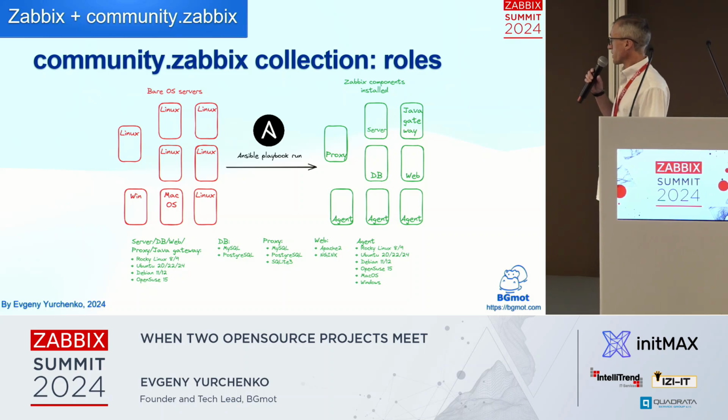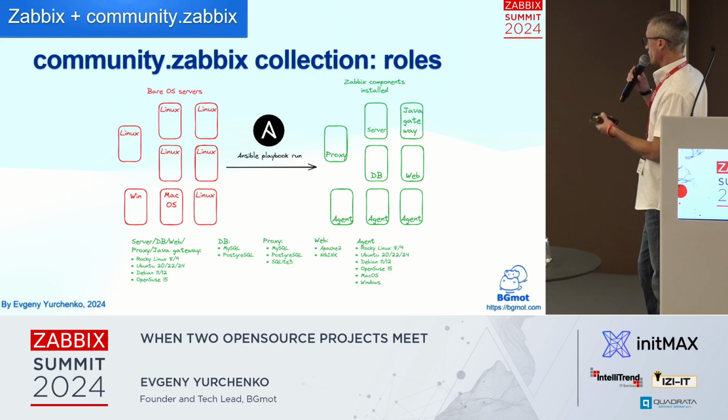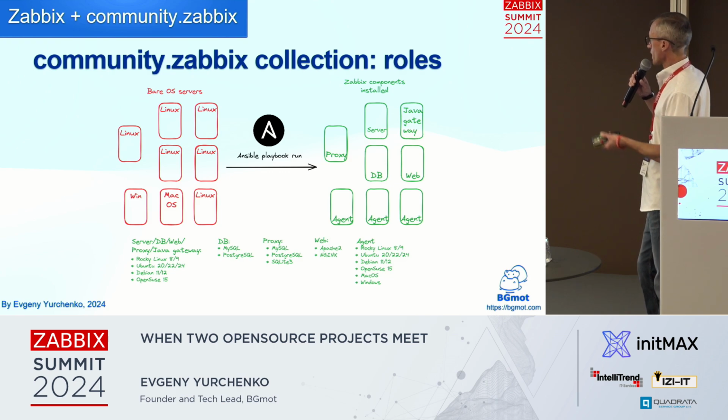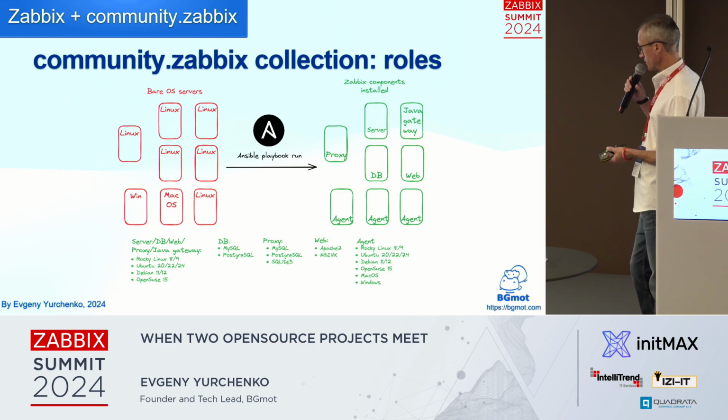So, two parts of the collection, as I said. First of all, roles. You have bare OS servers, nothing installed, only the operating system. You run an Ansible playbook, and you get all the components of Zabbix installed and configured, again, in an automated way.